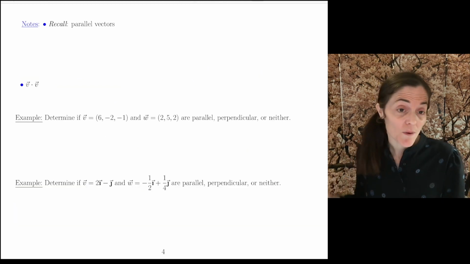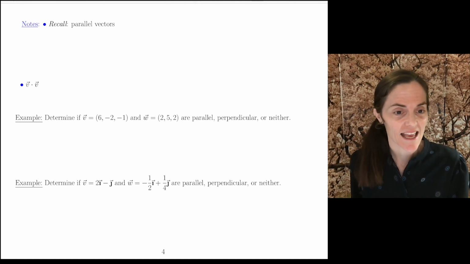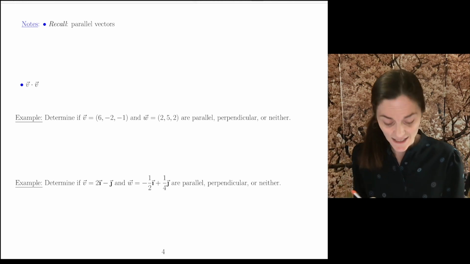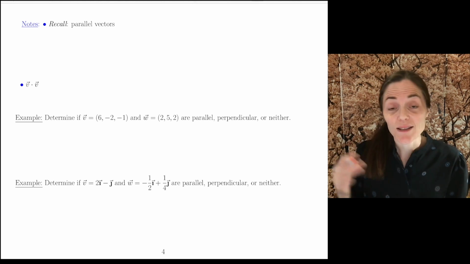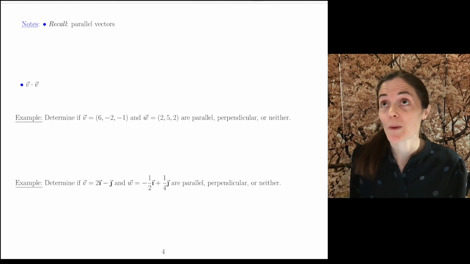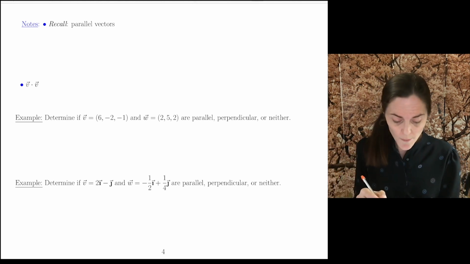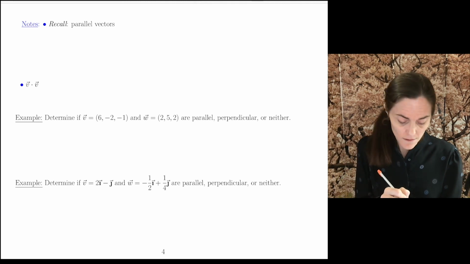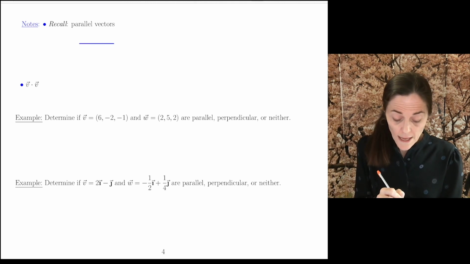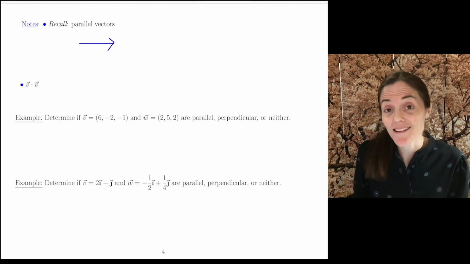Now, I want to make a few comments about the dot product and parallel vectors and dotting a vector with itself. So let's go back and remember, what does it mean to be parallel? Two vectors are parallel provided they are scalar multiples of each other. That's for non-zero vectors.